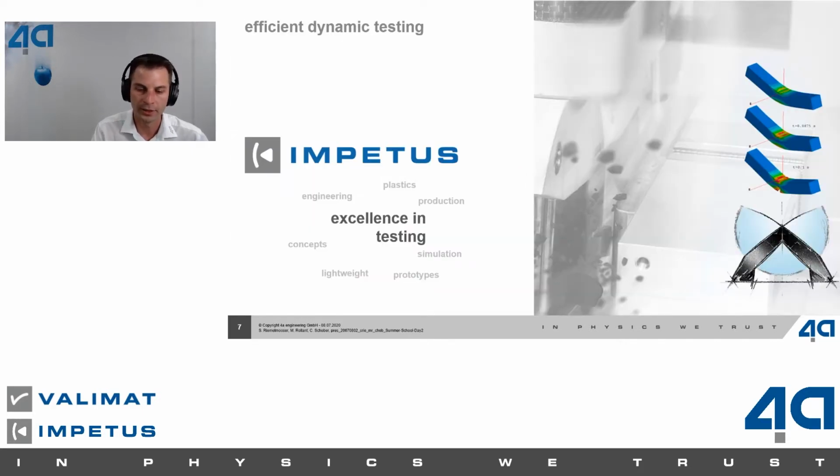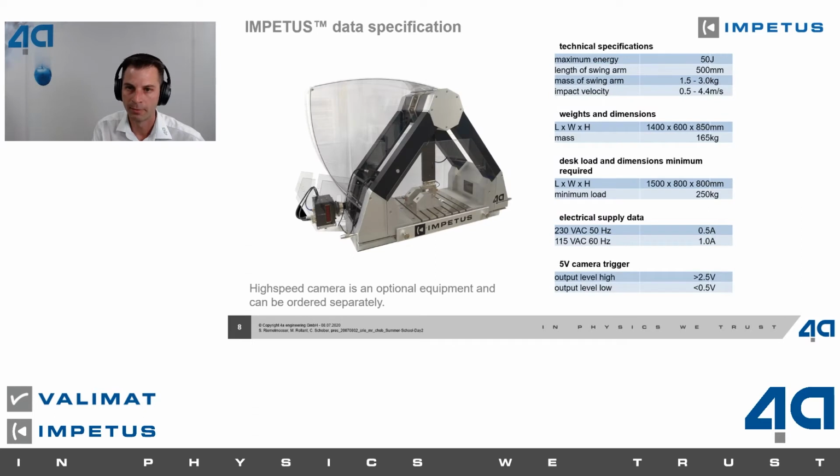So now we have the two tools to reach the main goal that we can produce validated material cards out of our testing. Some technical specifications. I don't want to go here in further detail.